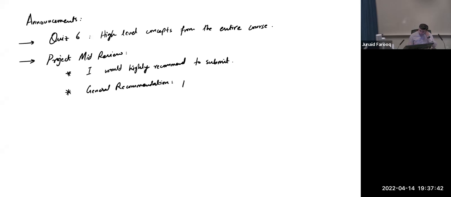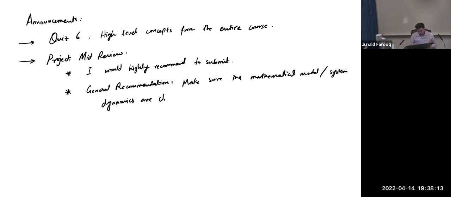So if there is no dynamics in the system, I wonder how you're going to control it. So at least the system dynamics should be made very clear in the system model section. So make sure the mathematical model, or system model, system dynamics are clearly highlighted.